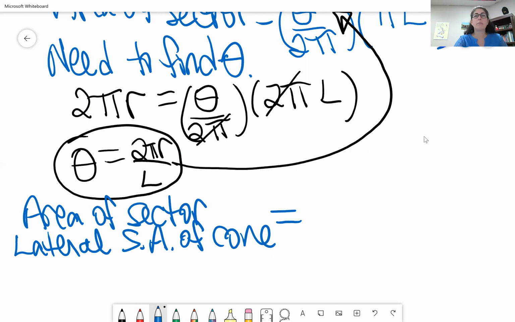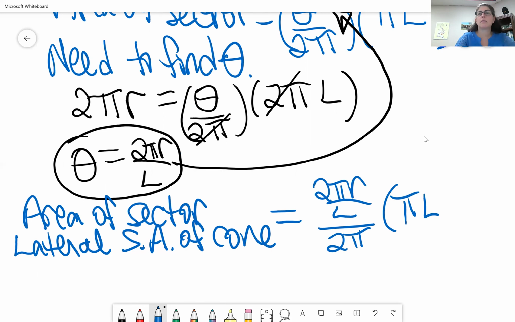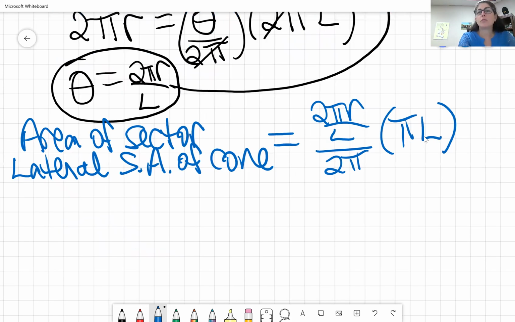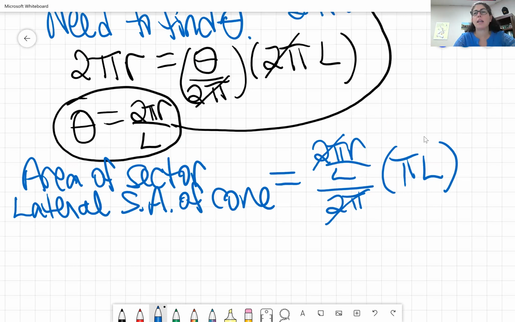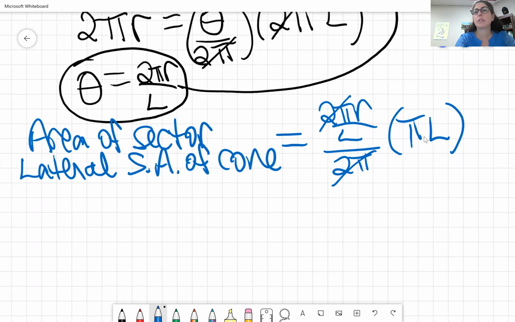Whichever way you want to think about it, that's equal to theta over 2 pi, which is 2 pi r over L over 2 pi times pi L. And now let's clean that up. This 2 pi cancels with the 2 pi. Wait one minute, I didn't write that right. It's pi L squared. I knew I was missing something.